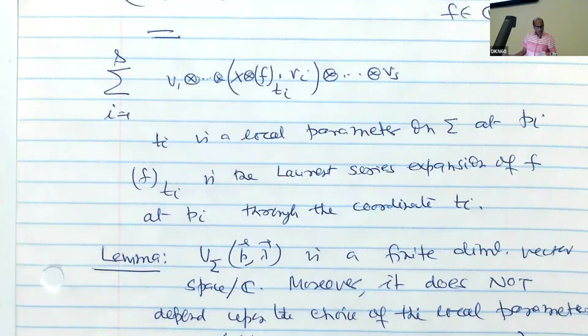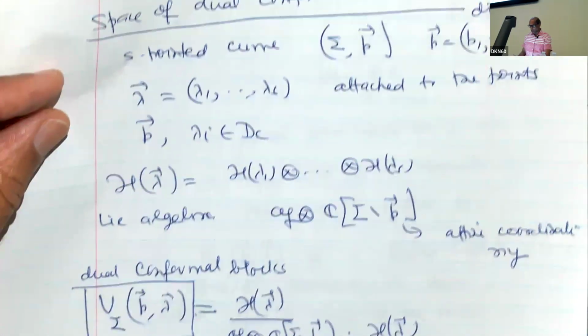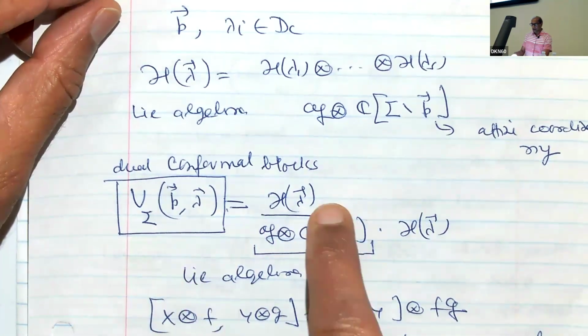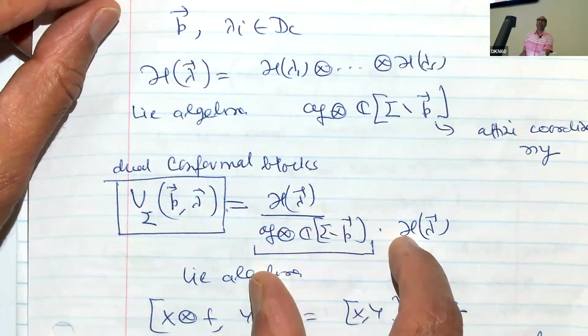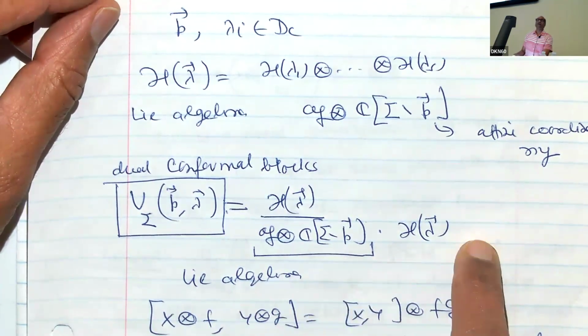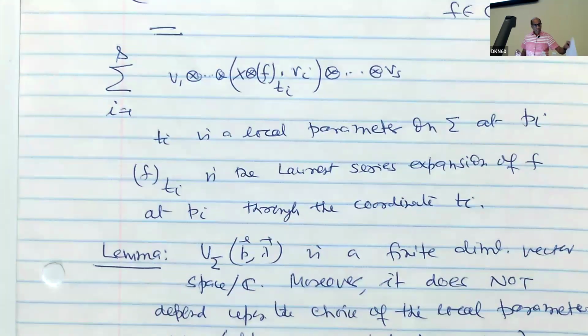Okay, so now once it's a Lie algebra action, we have this fundamental object, dual conformal blocks. That's V sigma P lambda, which is H lambda divided by this Lie algebra acting on H lambda. Now, the lemma says that this space is actually a finite dimensional vector space.